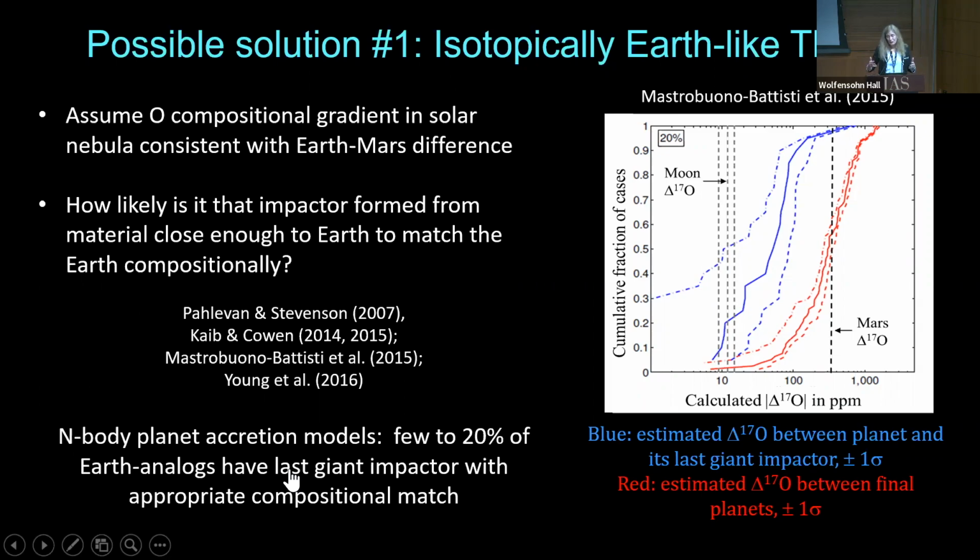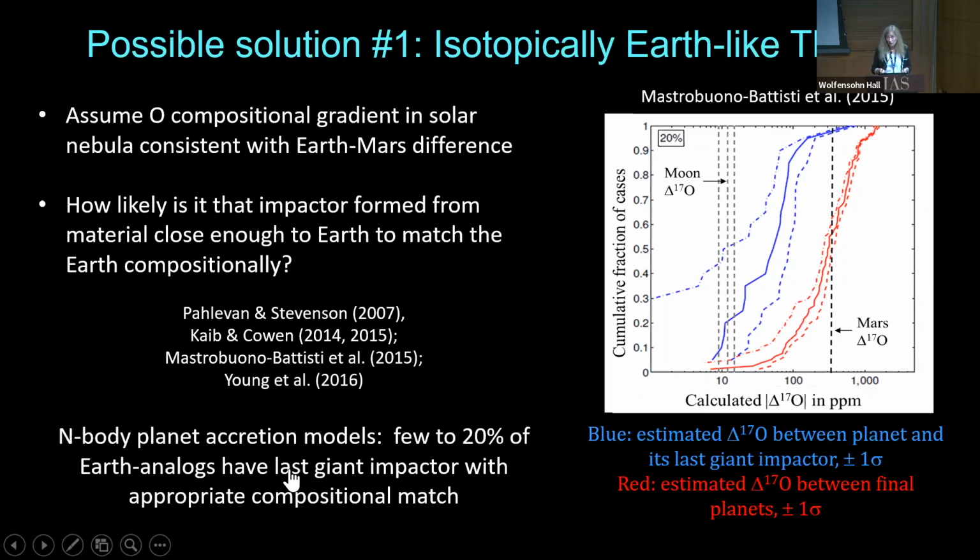So to assess how likely it was, for example, that the giant impactor, that Theia itself, accreted from a region close enough to the Earth in the disk that it might have had a similar isotopic composition, multiple works have imposed an initial gradient in oxygen composition in the disk, coupled that gradient to n-body simulations of terrestrial planet accretion, and then looked at the statistics of where objects in these simulations form and where they end up.